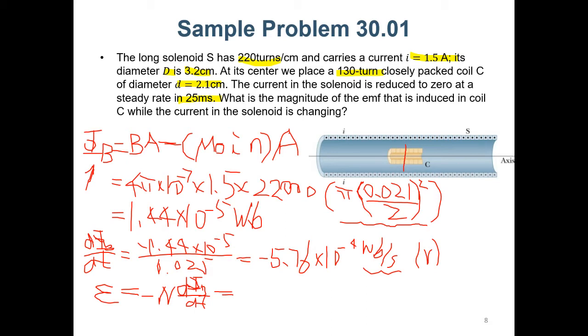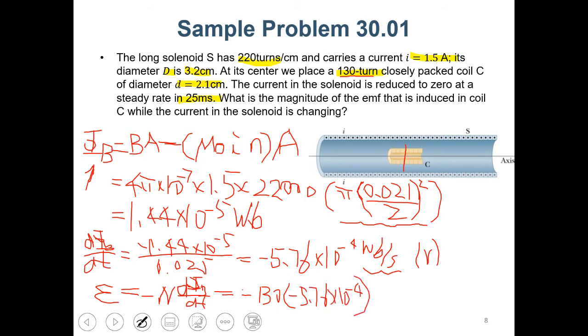So that one is 130 turns. So we have minus 130 times this minus 5.76 times 10 to minus 4. And the answer would be 75 millivolt.